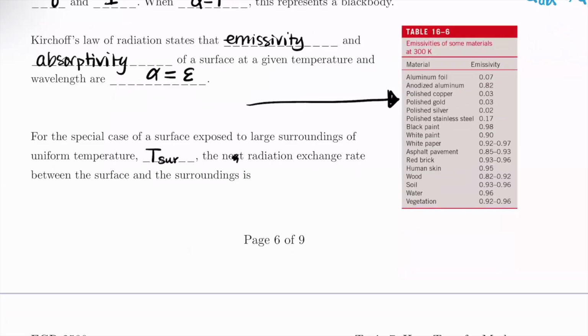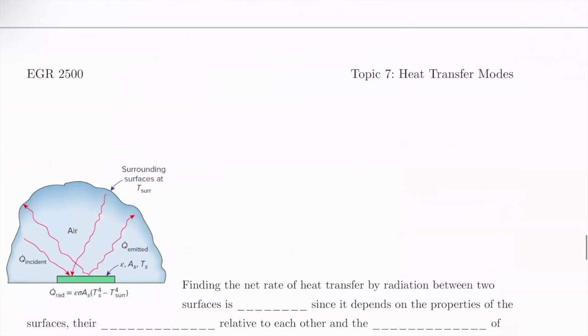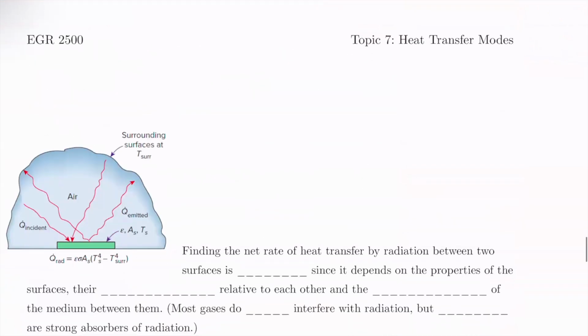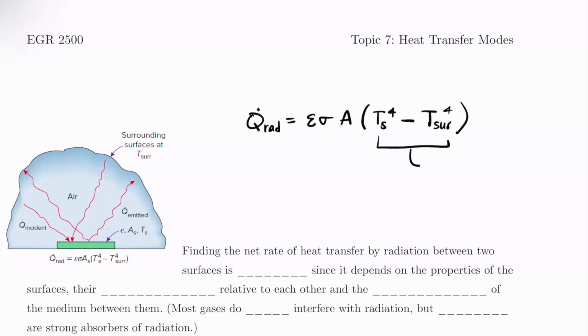So we have Q dot of radiation is equal to emissivity times that universal constant times area, the surface temperature to the fourth power minus the surroundings to the fourth power. All right, so these are absolute temperatures.